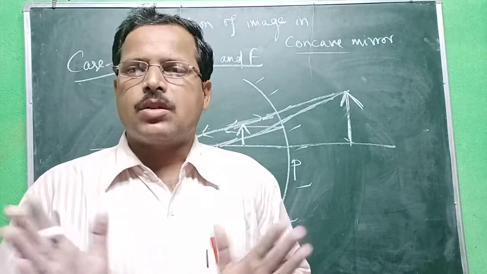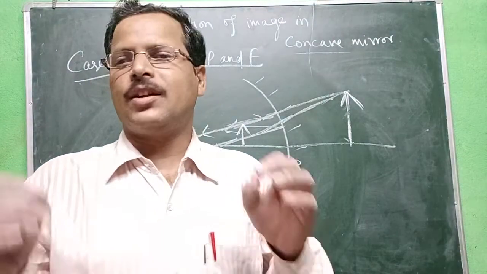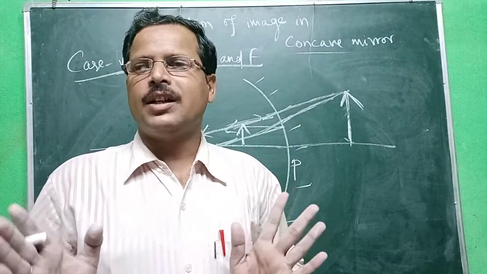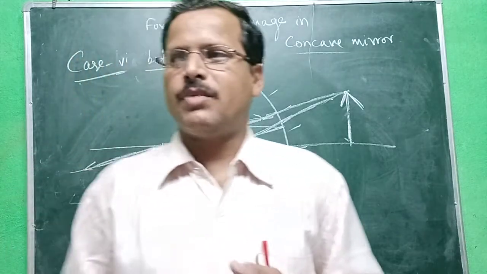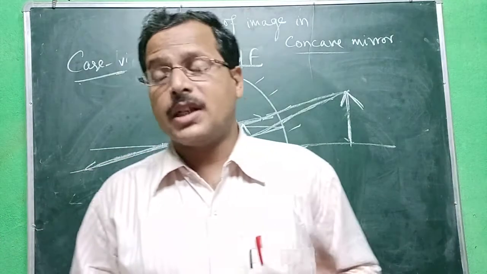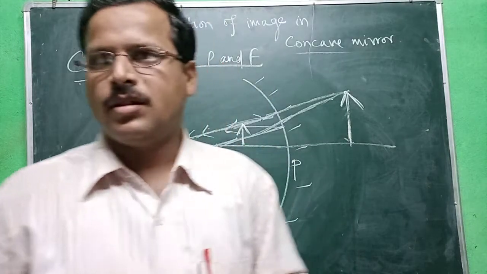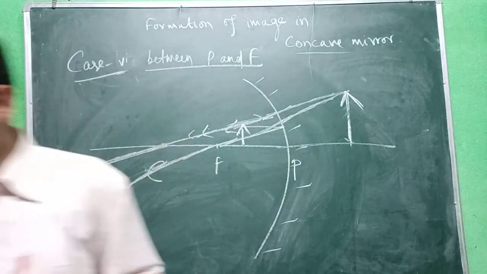That's all about it. While talking about the convex mirror, it is somehow different. All images are produced on the back side of the mirror, and all are virtual and erect.